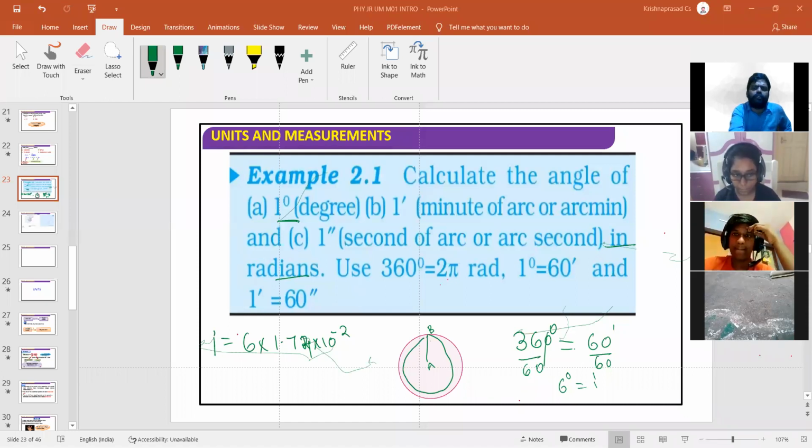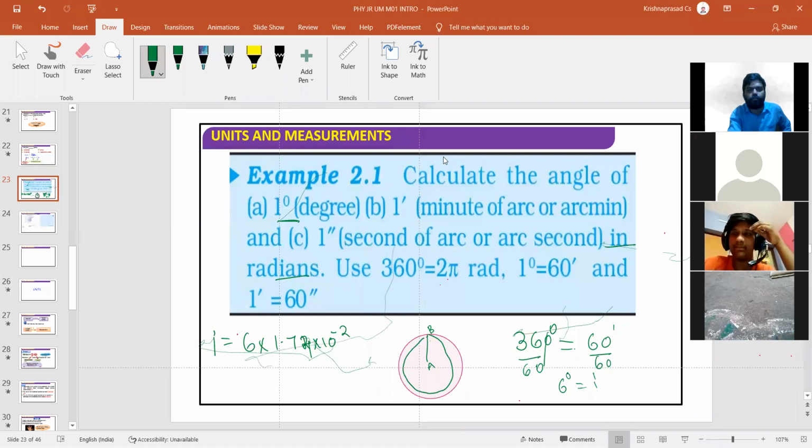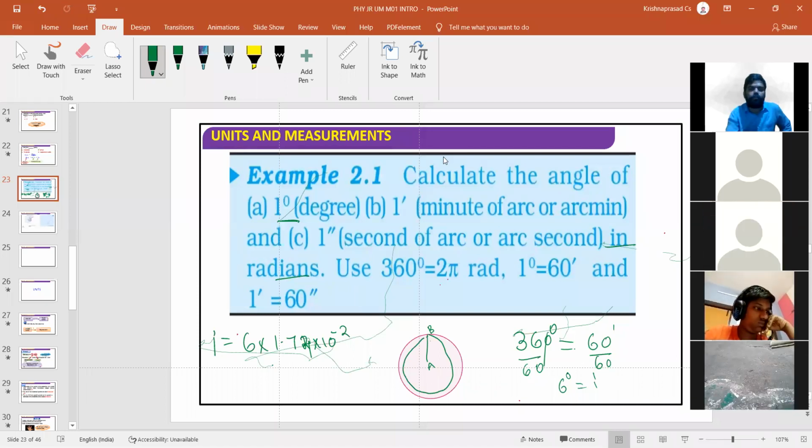Okay, so we'll go for the answer. What is the answer for 1 minute in radians? 10.44 multiplied by 10 to the power minus 2 rad, right?